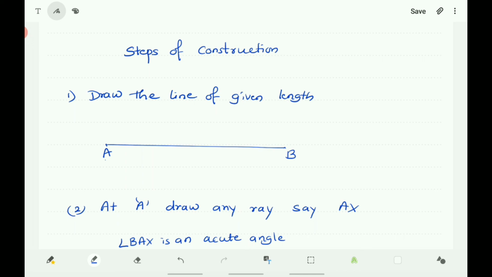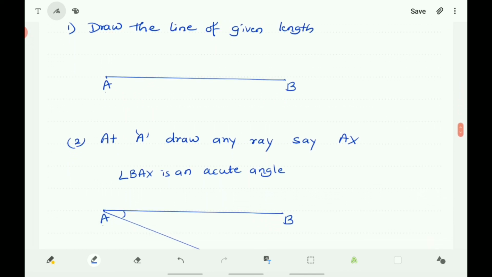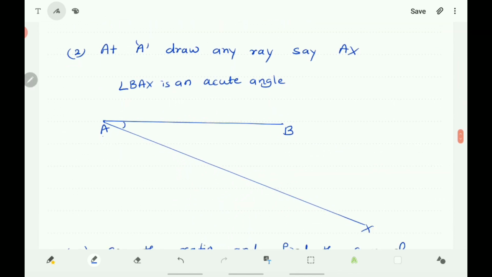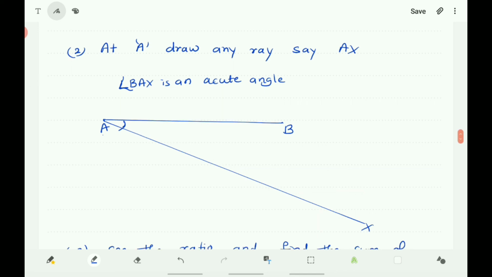After drawing the line AB of given length, at A, draw any ray AX, with angle BAX an acute angle.